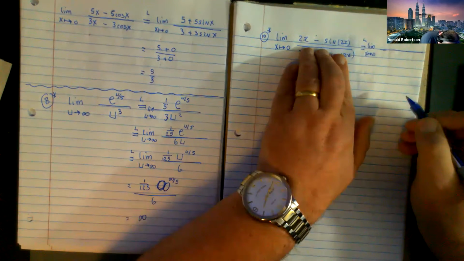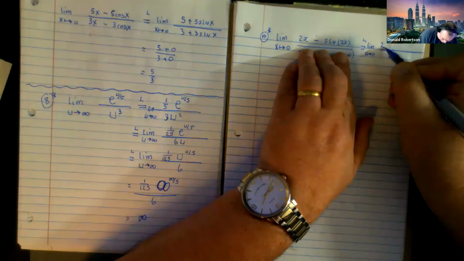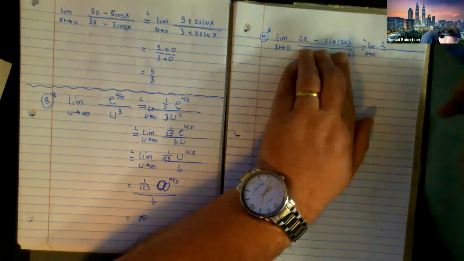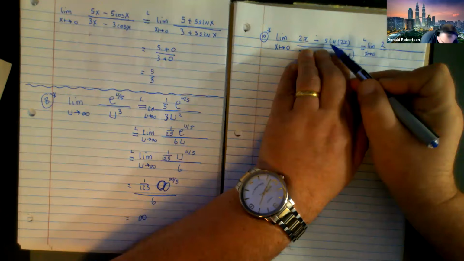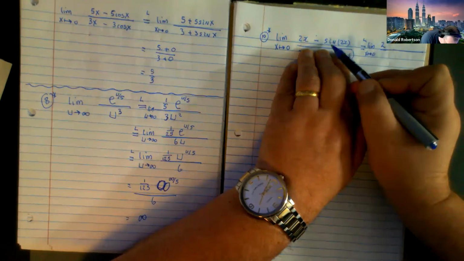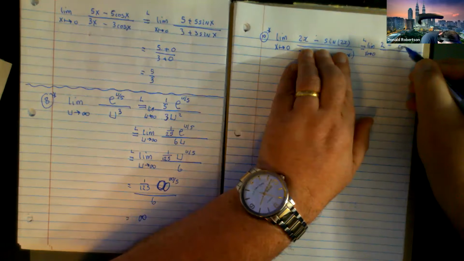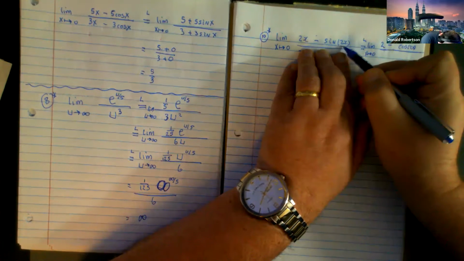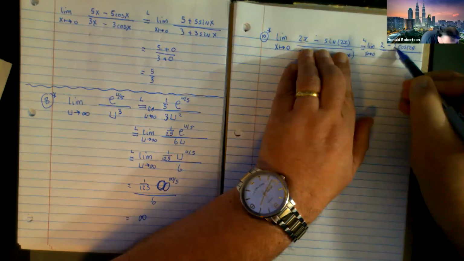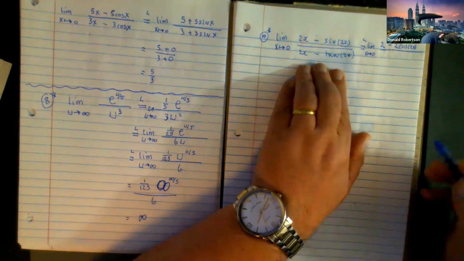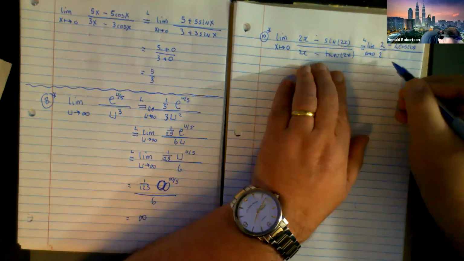If you differentiate 2x, you get 2. If you differentiate a sine, you get a cosine. So if you differentiate a sine of 2x, you'll get a cosine of 2x times the derivative of the inside function, so you get an extra 2. And on the bottom, that guy's 2.